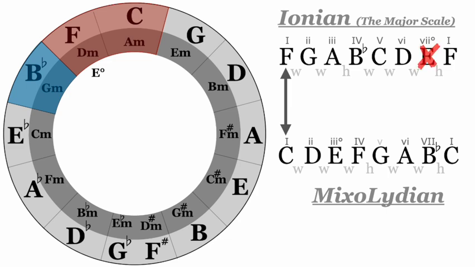So we've spoken about the diminished chords kind of being off limits to us, right? And so in F Ionian or F major, the 7th is kind of off limits to us because it's E diminished. But in C Mixolydian down at the bottom, the 3rd is kind of off limits to us because that's where the E diminished resides, right?